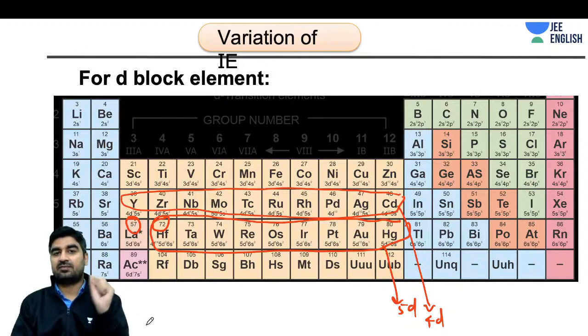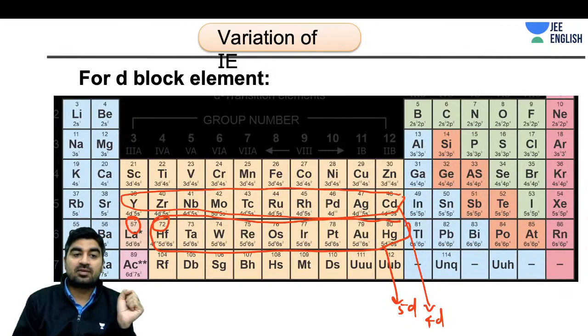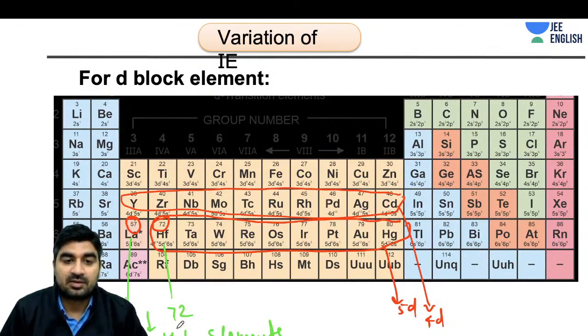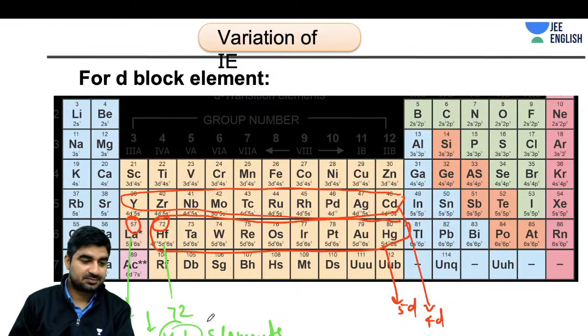So one we have 57, another we have 72. Why am I telling you this? In between them we have the 14 F elements.